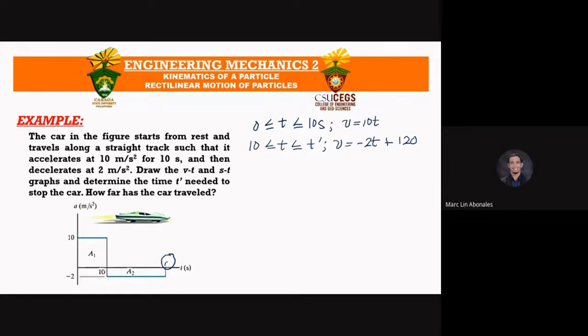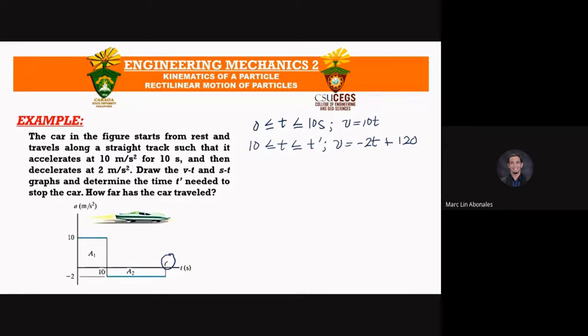Remember what we used earlier as the lower limit for v is equal to 10t: it starts from rest, so the velocity is 0. When the car stops, the velocity needs to return to 0.